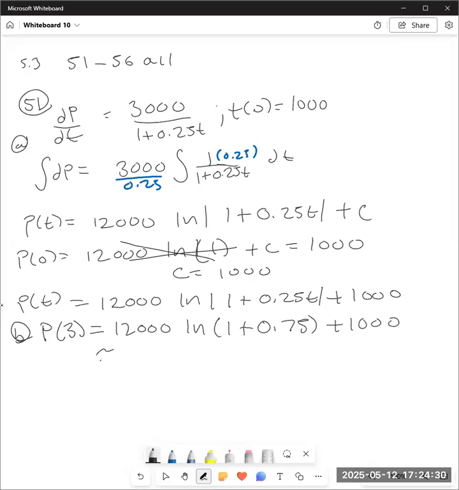You can pop that into your calculator, round to the nearest whole number, and you're going to get 7,715, and these are bacteria.